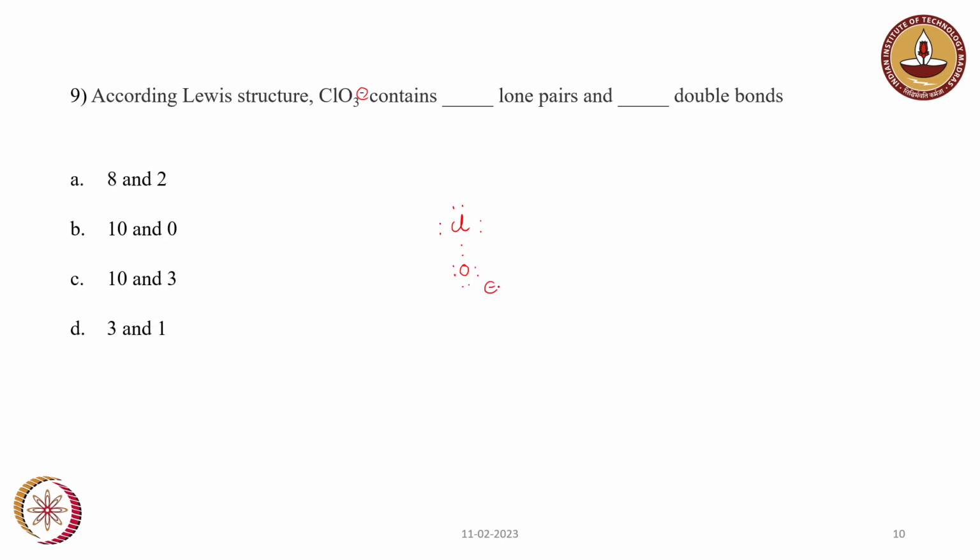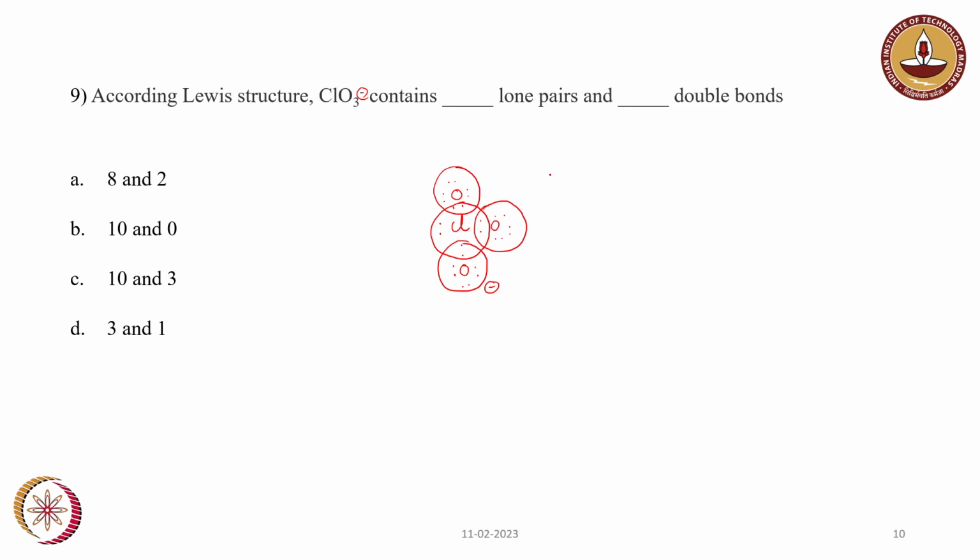This extra electron will be the negative charge, and the next oxygens will each have 6 valence electrons. So this is the octet of chlorine, and this is the octet for each of the three oxygens.